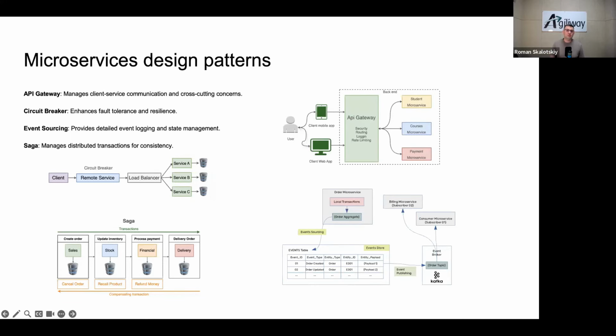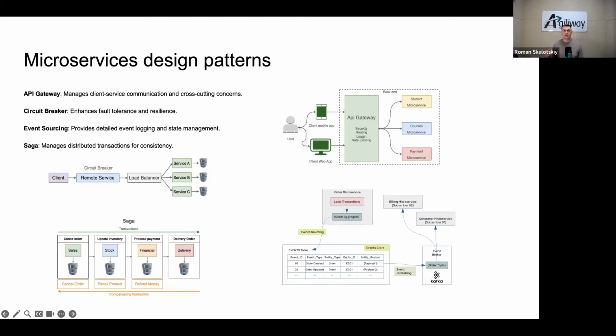Implementing the API gateway pattern for a large application with multiple clients offers significant benefits. I would say it provides a single entry point for microservices and shields the clients from the service partitioning.